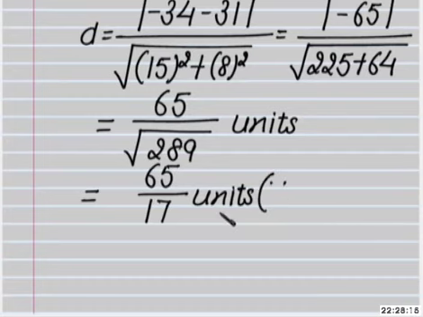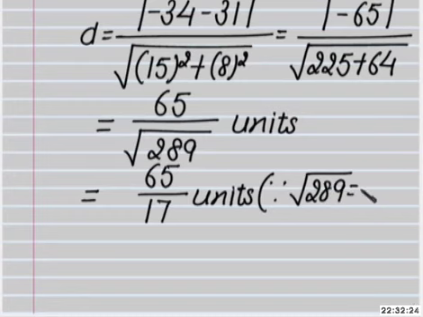because square root of 289 is equal to plus minus 17. Here, as distance can never be negative, therefore we will take the positive value of square root of 289, that is 17.